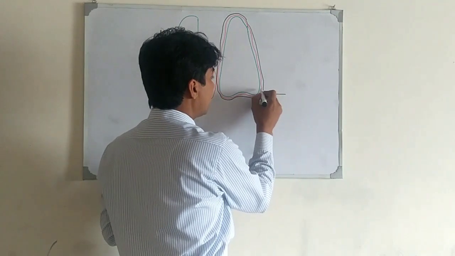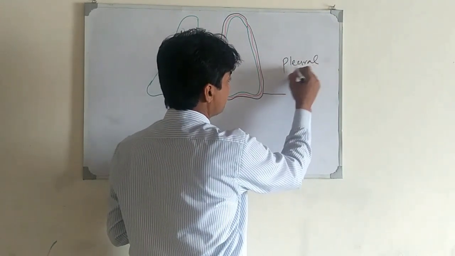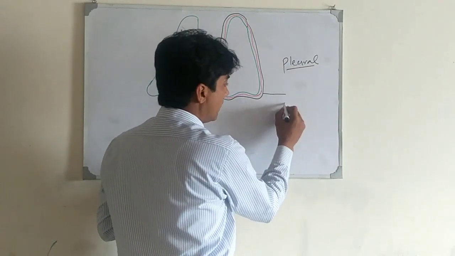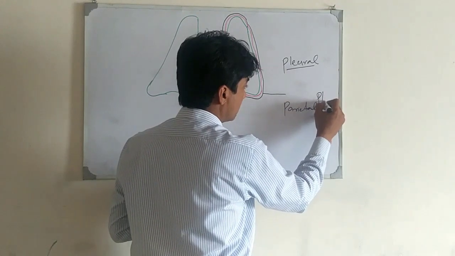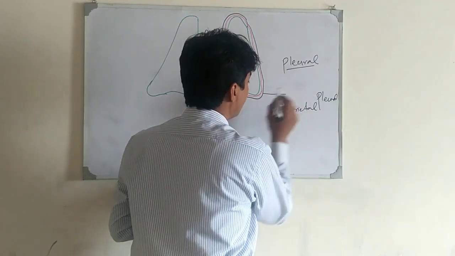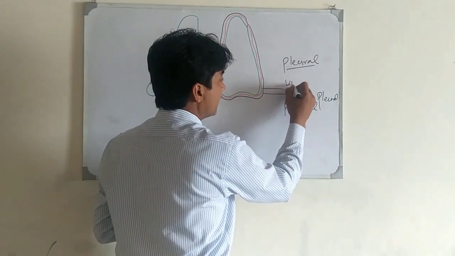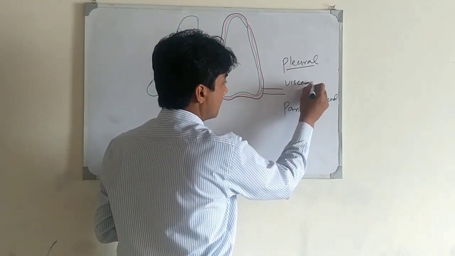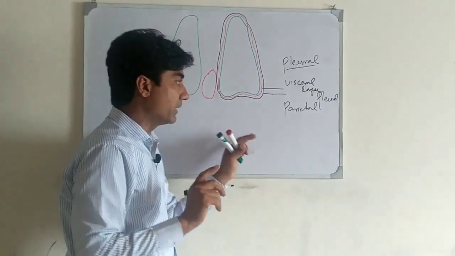Both layers are called pleural. The outer layer is called the parietal layer, while the inner layer is called the visceral layer, or visceral membrane.